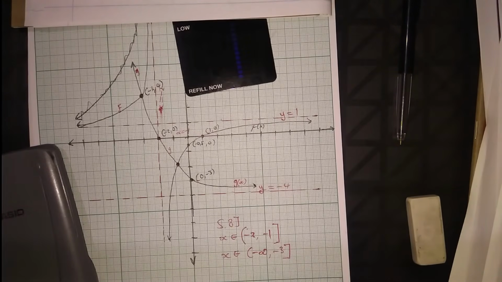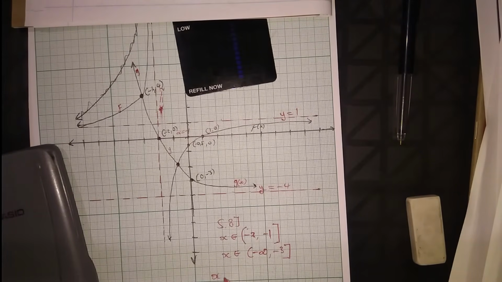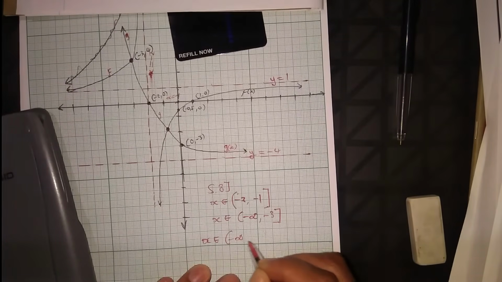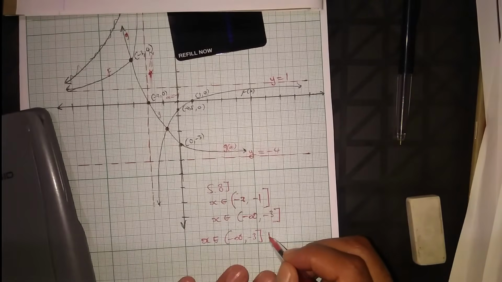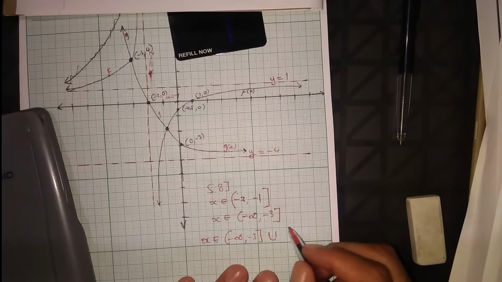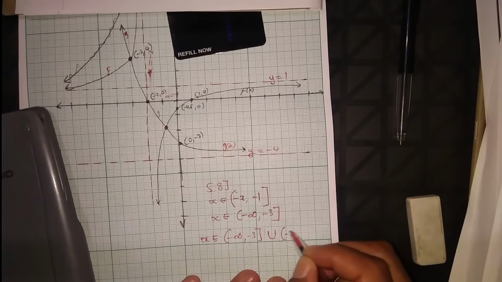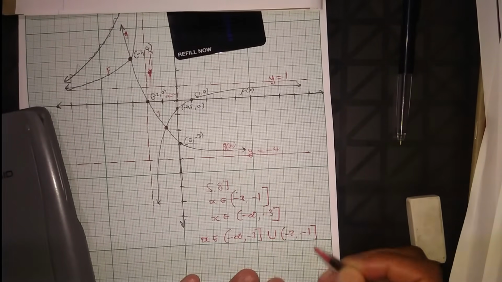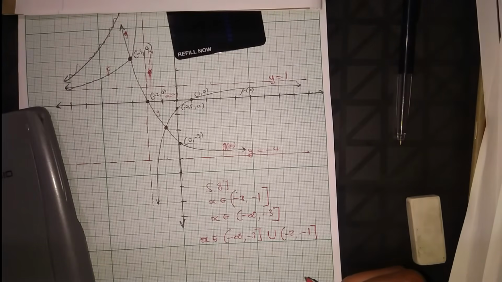So now look, we will use a union symbol, which means x is an element of negative infinity to -3 included, in union with -2 to -1 included.